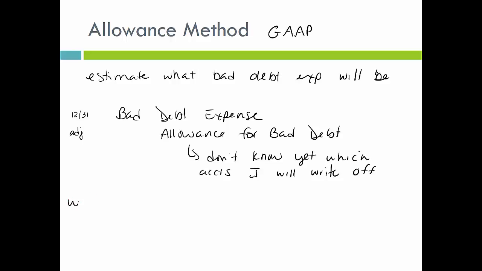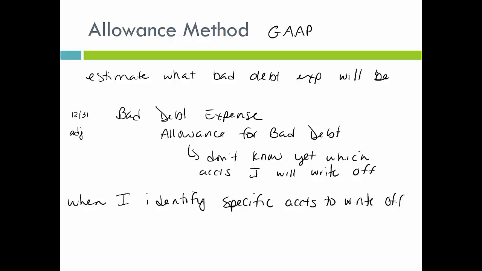And then during the course of the year, when I identify specific accounts to write off, it's going to come off of their accounts receivable, but I'm not going to debit bad debt expense because I already did that before it happened. I'm going to pull from this allowance account, the money I have set aside for that.